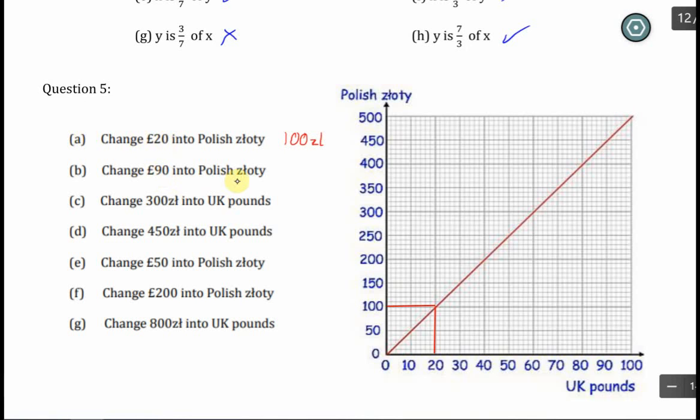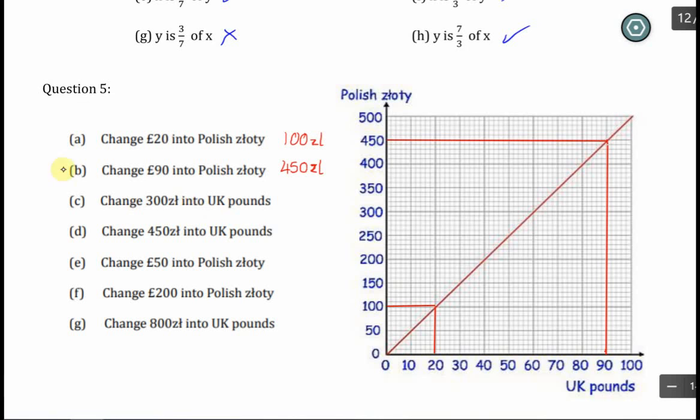So again, just going to use a line up from £90. See whether it hits the conversion line, which it does, and that's approximately 450 zloty. Problem with conversion lines is that they're not always really precise, so you can only give an estimated amount.